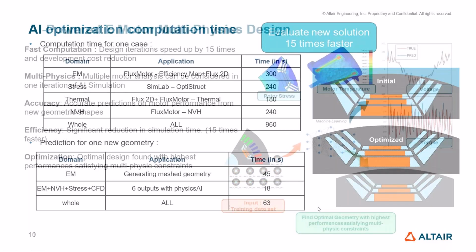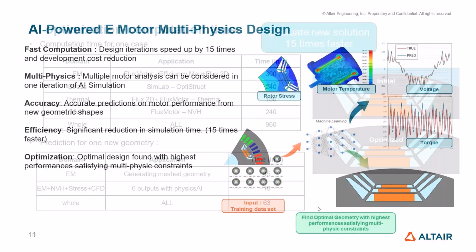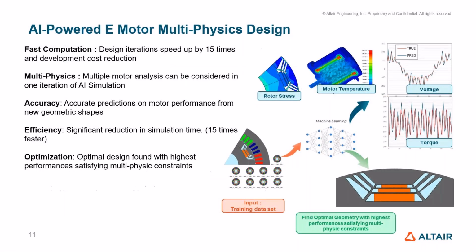To summarize, first, faster computation: we have a time advantage when we have multiple physics combined and we want to do a multiphysics optimization. And yes, multiphysics optimization is possible. The second thing is accuracy. You can fit the model nicely, as we saw in the rotor stress fitting.